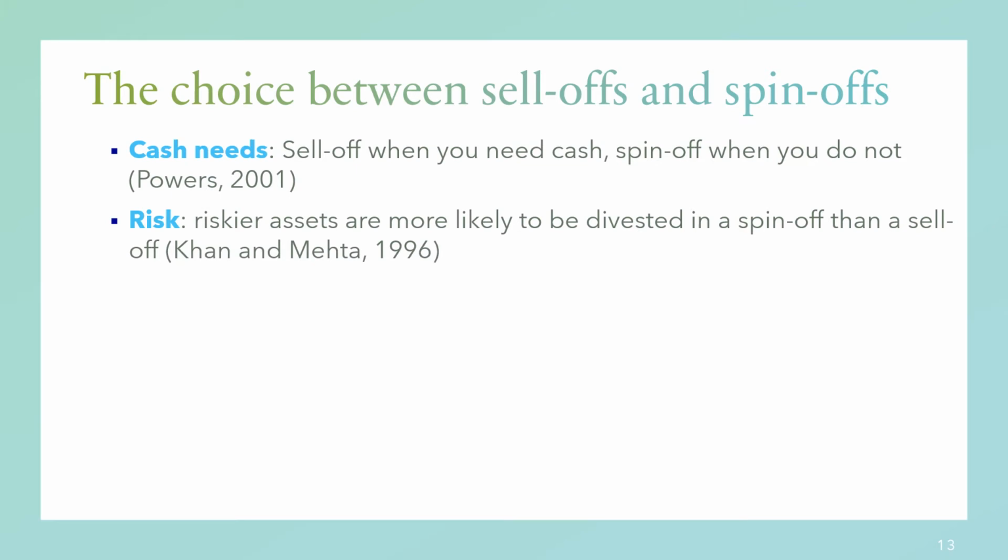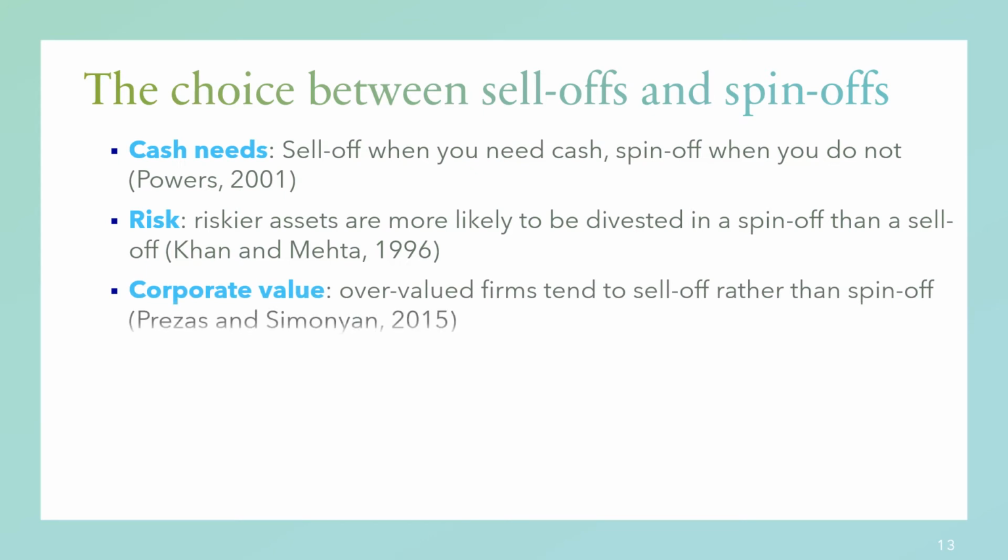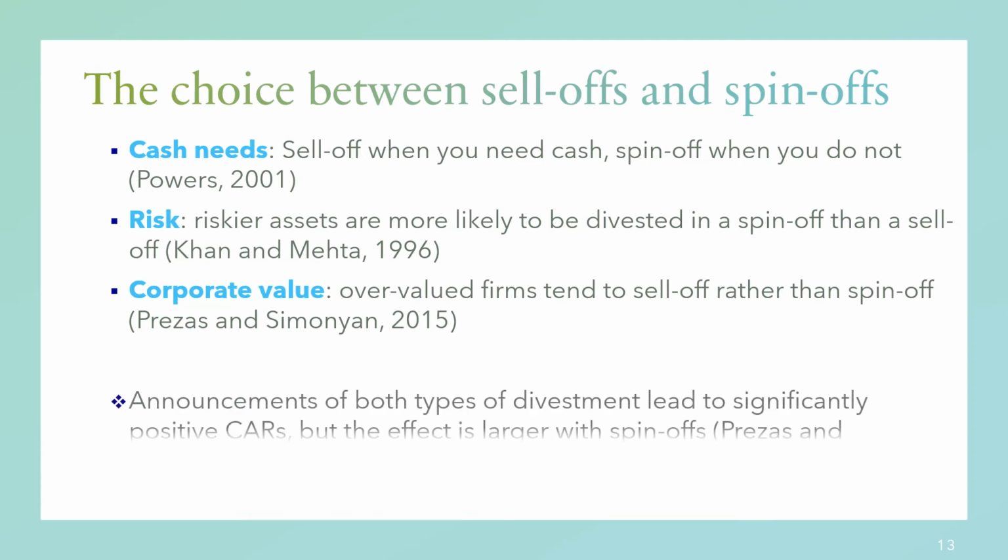This is because the risk of the asset can be spread to external shareholders. And lastly, an overvalued firm tends to sell off rather than spin off. Researchers also found that announcement of both types of divestment lead to significantly positive cumulative annual returns, but the effect is larger with spin-offs.